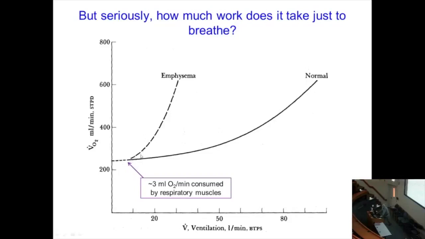Any additional breathing at all involves a fair amount of work. With a small amount of exertion, they may be using all of the oxygen that they're breathing in just to power their respiratory muscles, so they don't have any oxygen left for doing anything else with the rest of their body.